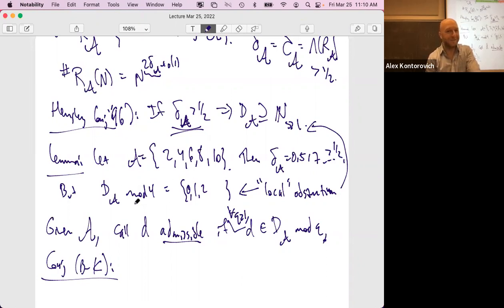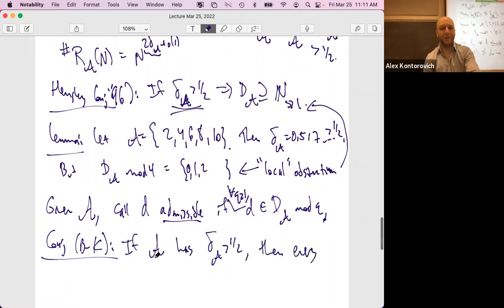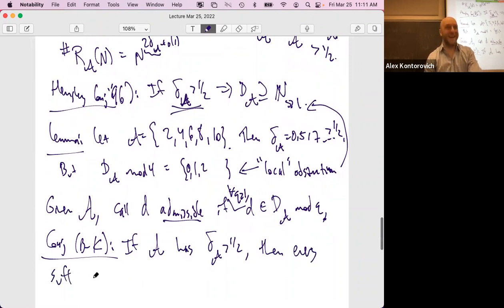Okay, so the conjecture says if this alphabet has Hausdorff dimension bigger than a half, then every sufficiently large admissible D actually occurs in the set of denominators.